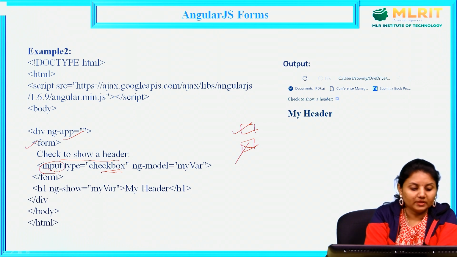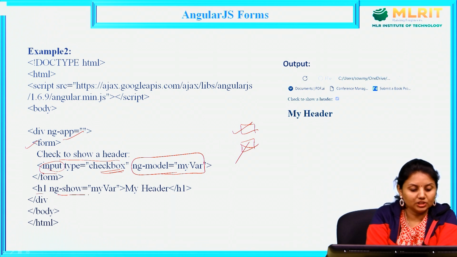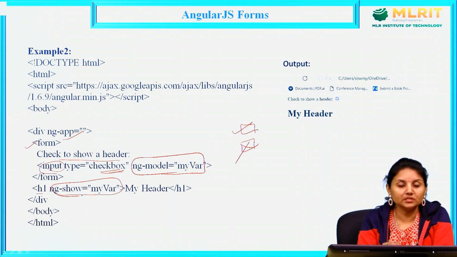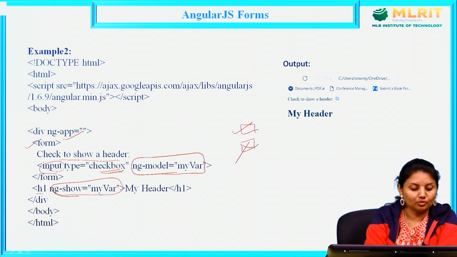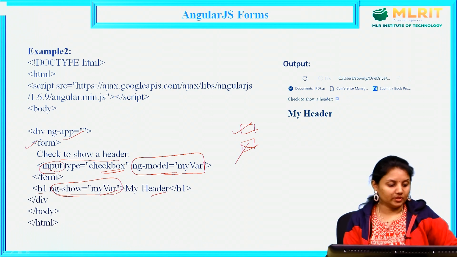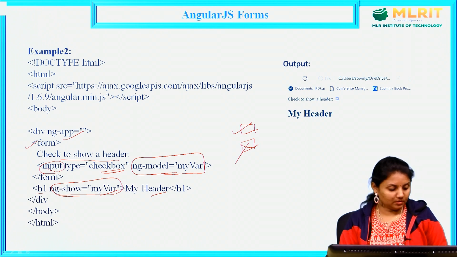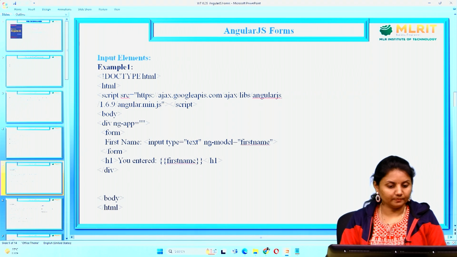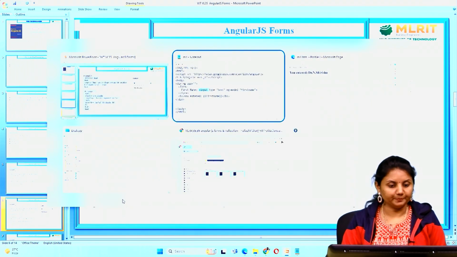So input type equals checkbox, ng-model myvar. And here h1 with ng-show. What is this show? Show means whether to display or hide. ng-show myvar, my header. Let us see the output of this, whatever you do with the checkbox, whether selecting it or not.